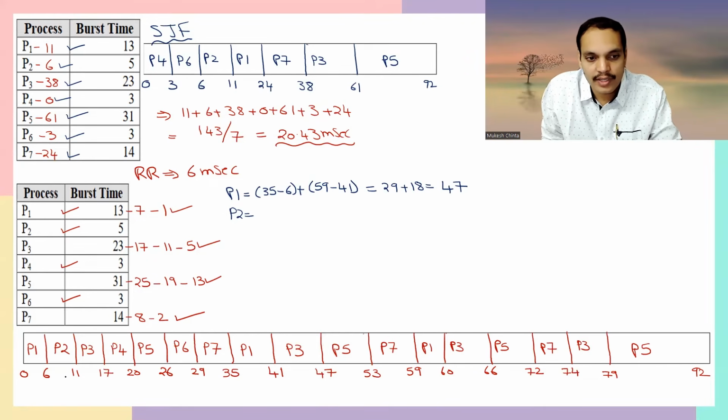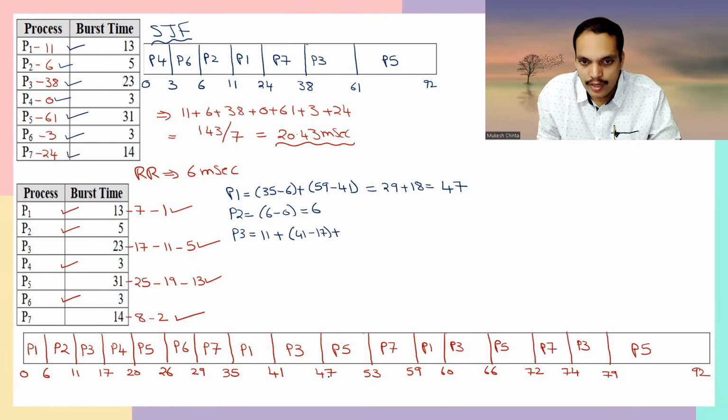With P2, you can see that it entered the CPU at 6 and it exited at 11. It has completed its execution. So for P2, it is 6 minus 0, which is equal to 6. For P3, I'm going to calculate. P3 came in at 11, so 11 plus, and it went out at 17. It entered at 41. So once again, 41 minus 17 plus, it exited at 47, 60.